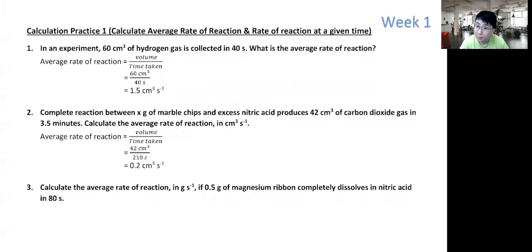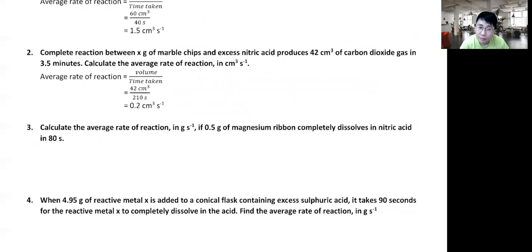Okay, so every time I say pause here, then you pause, do it first, then move on to the next question. In number 3, calculate the average rate of reaction in gram per second. This question wants you to have per second. So 0.5 gram is given, nice unit also, but it takes 80 seconds to completely dissolve. So again in seconds, so gram per second, there is no need to do any unit conversion.